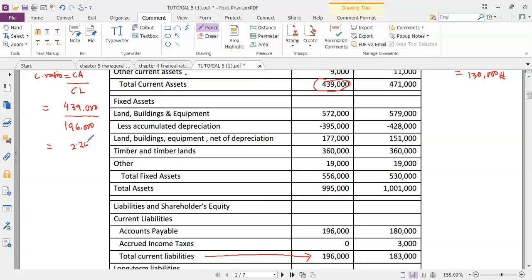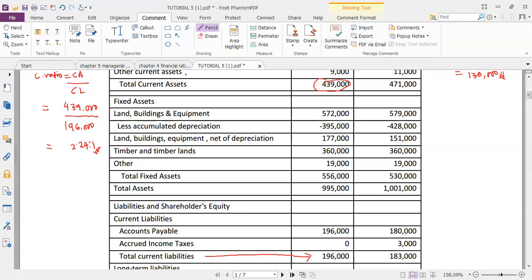2.24 is our current ratio. You must answer in ratio form: 2.24 ratio to 1.